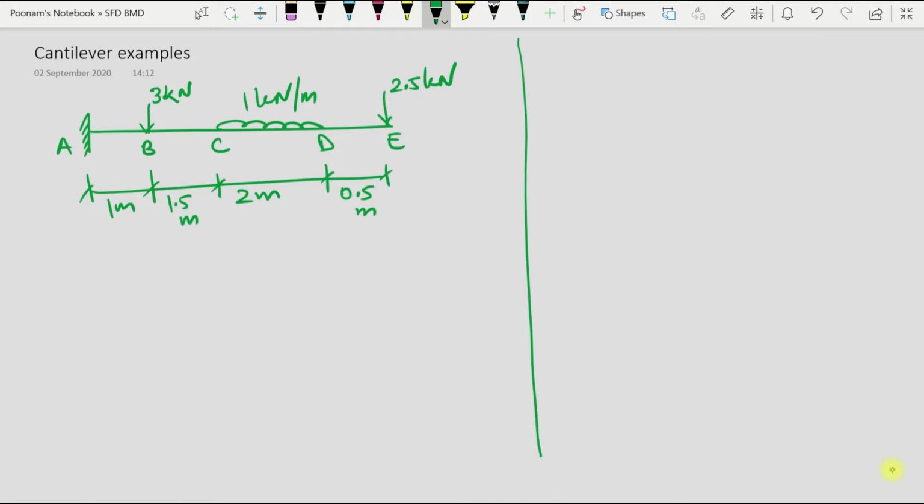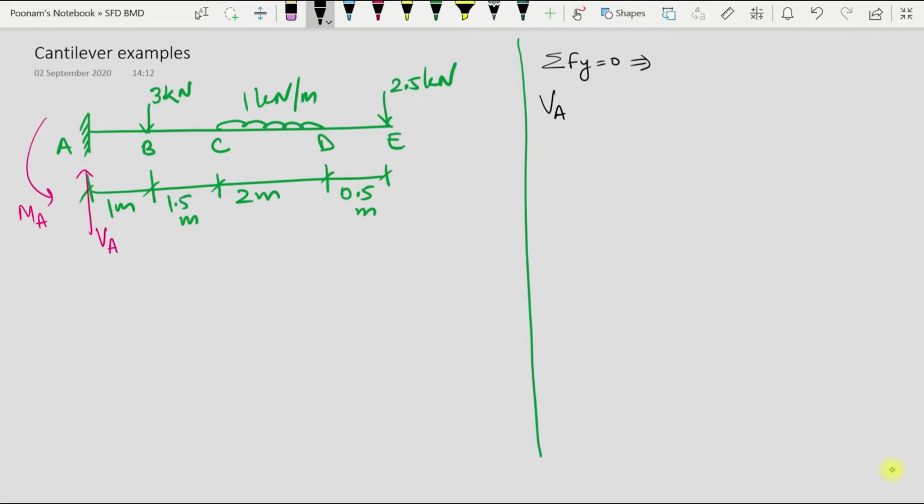Since this is a cantilever, it will be subjected to two support reactions, one vertical reaction and one moment at the fixed end as shown in the diagram. So let us apply the first equation of equilibrium: sum of all vertical forces equal to 0. If I take VA as upward, I will take it as positive.